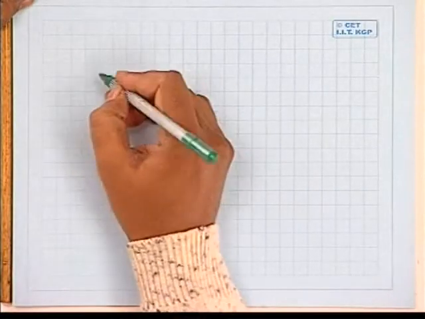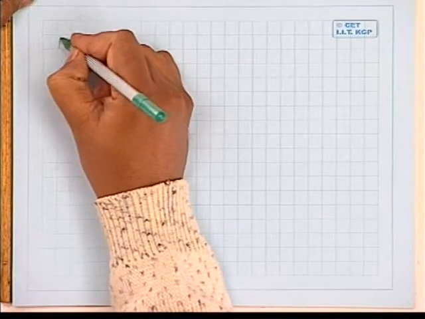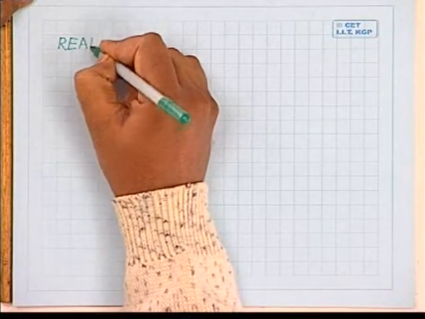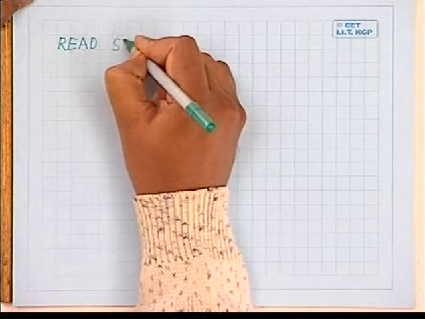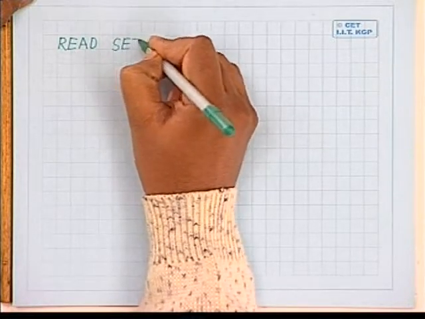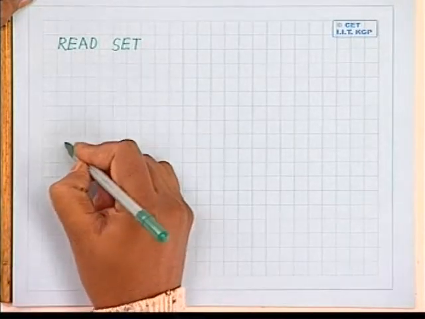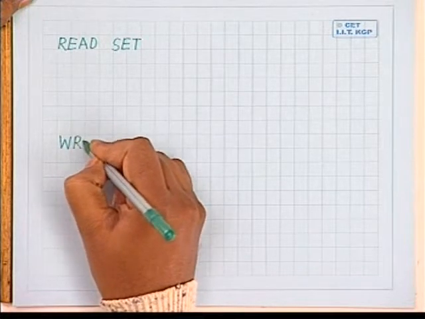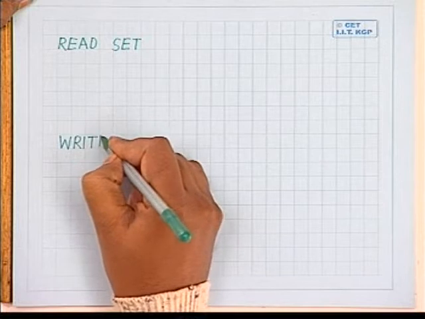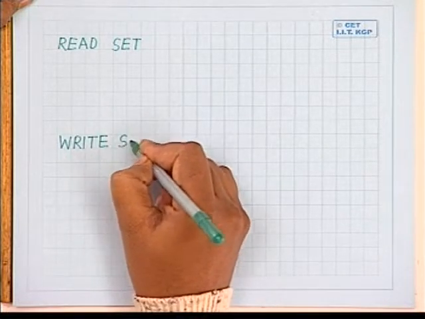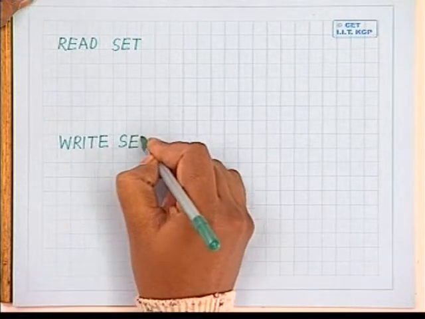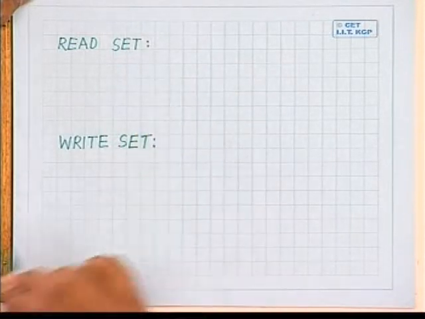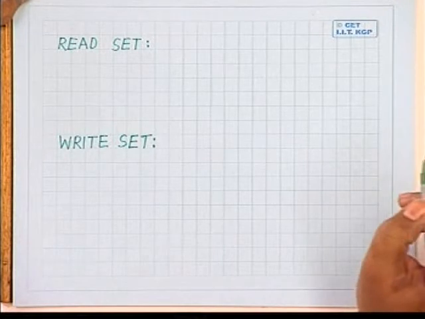One of the sets we will call as read set, and other set we will call as write set. Okay, so we define two sets, one is read set and other one is a write set.